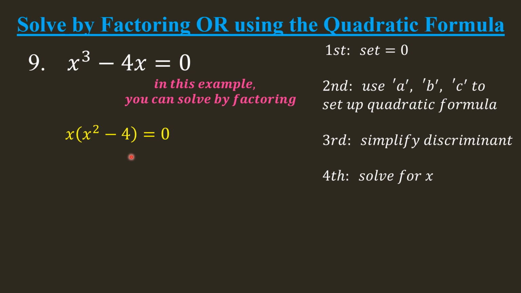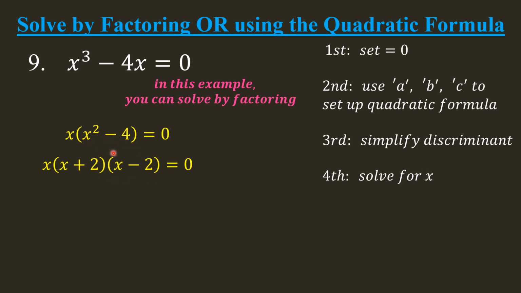All right, now in this case, you can solve by factoring as I've listed. You could do the quadratic formula, or you could solve by taking a square root. You have several choices. We are going to set both factors, x and x squared minus 4, equal to 0, but I went ahead and factored it first. So it's the GCF of x multiplied by the quantities of x plus 2 and x minus 2.